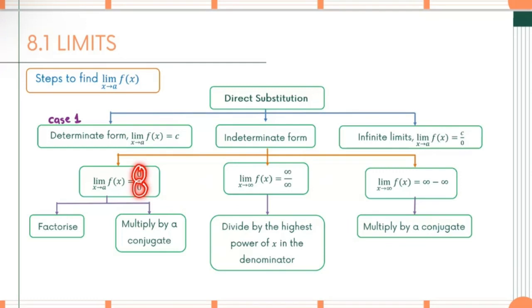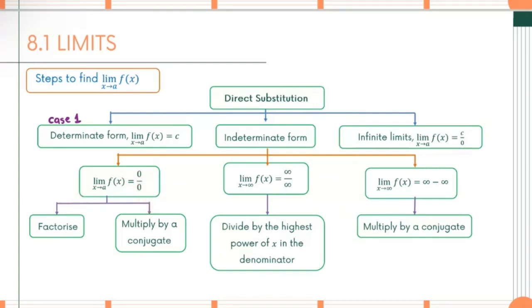So bila kosong over kosong, ini kita panggil sebagai indeterminate form, dia tak akan jadi zero tau. So kalau 0 over 0, kita akan selesaikan dia menggunakan cara factorization ataupun multiply by a conjugate.